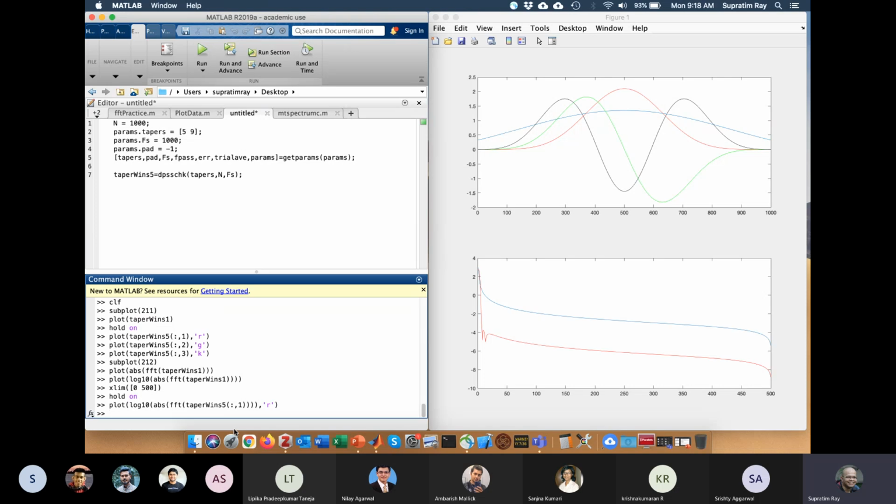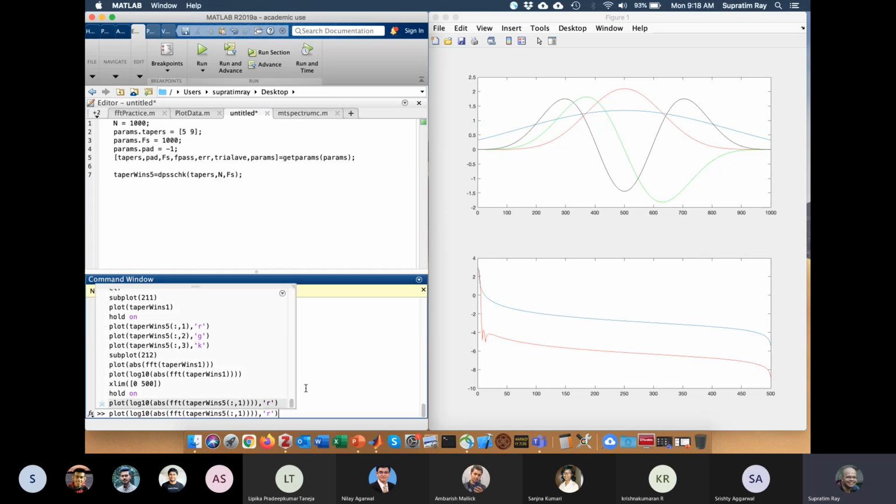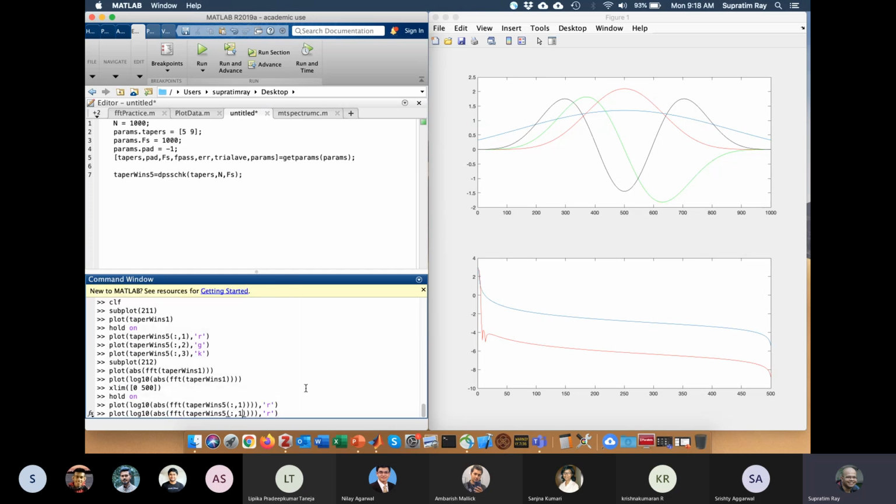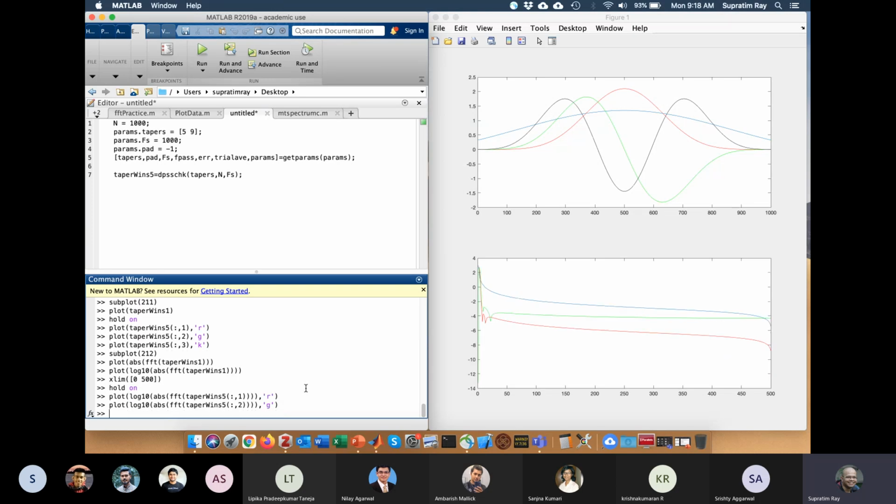So notice what has changed here. Well, anyway, so let me plot all of them and then you can appreciate this better. The second one is now green. The third one is black.